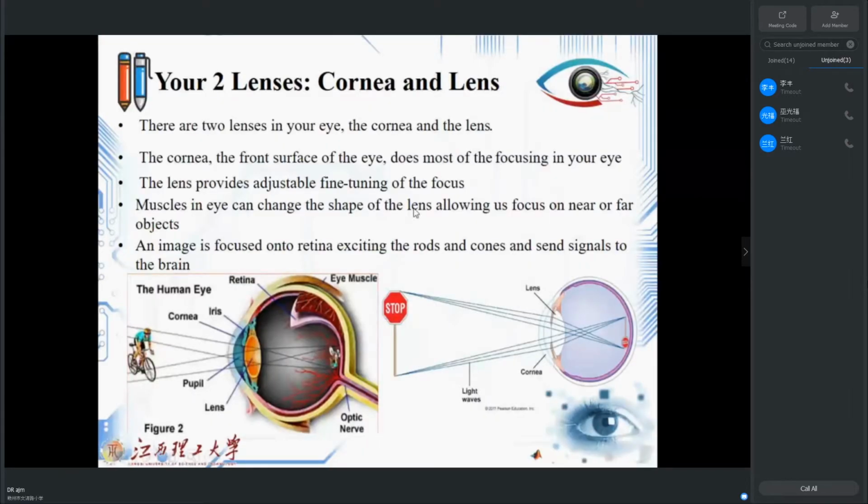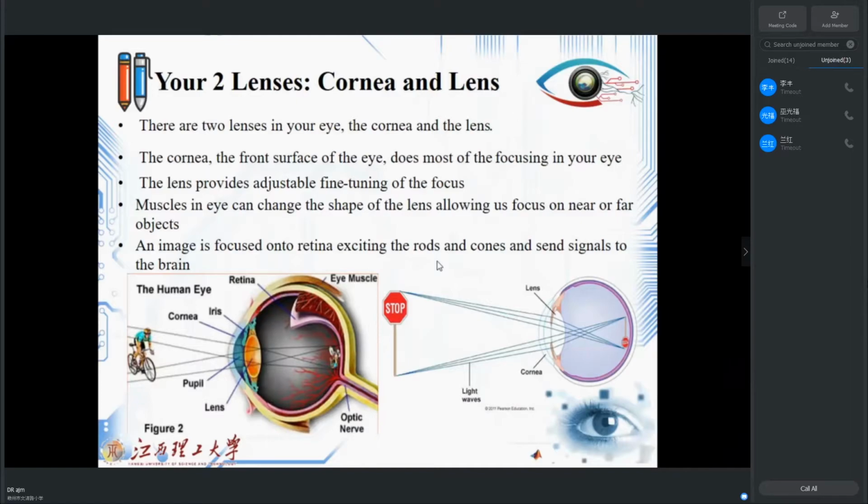But let us now come closer and see how these lenses work. As I show here, you have two lenses that we call the cornea and the lens. The cornea, at the front surface of the eye, does most of the focusing in our eyes, and the lens provides the adjustable fine tuning of the focus.